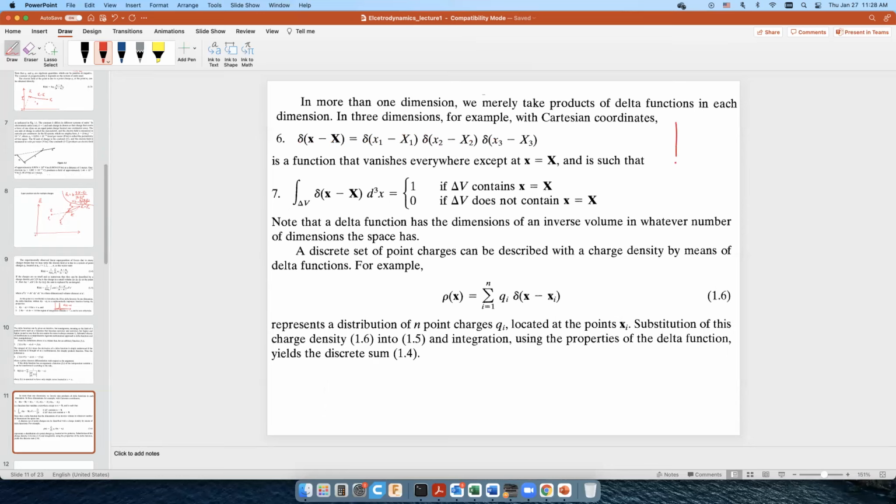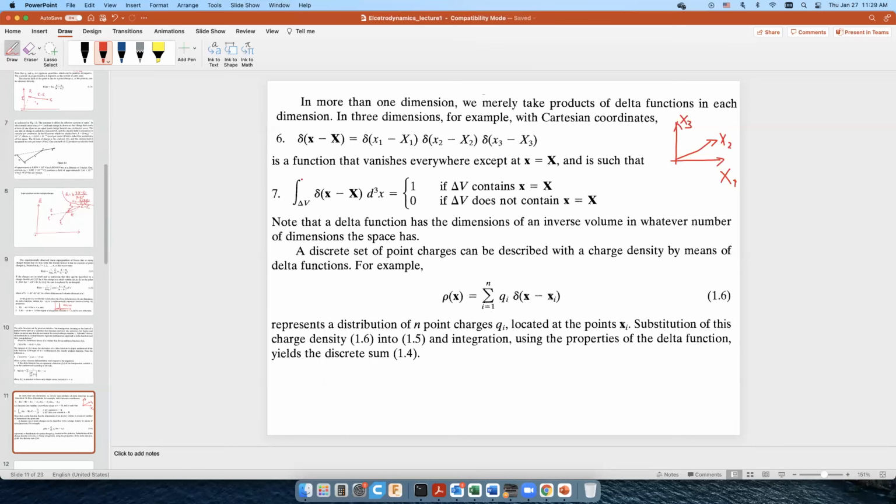This is in Cartesian coordinates. Let's define these three directions to be x1, x2, x3. Then a three-dimensional delta function can be written as the product of three one-dimensional delta functions in the 3D directions.